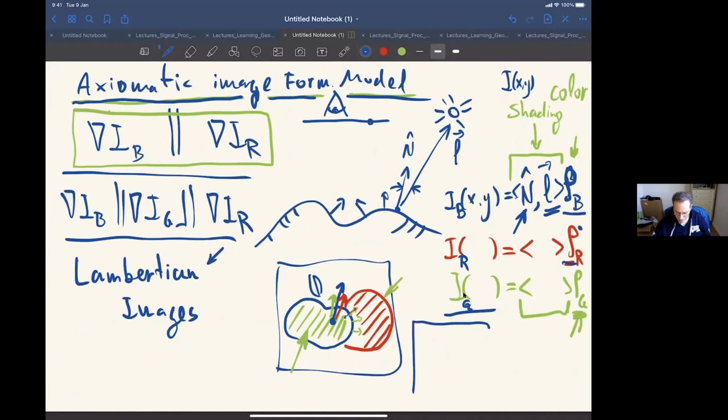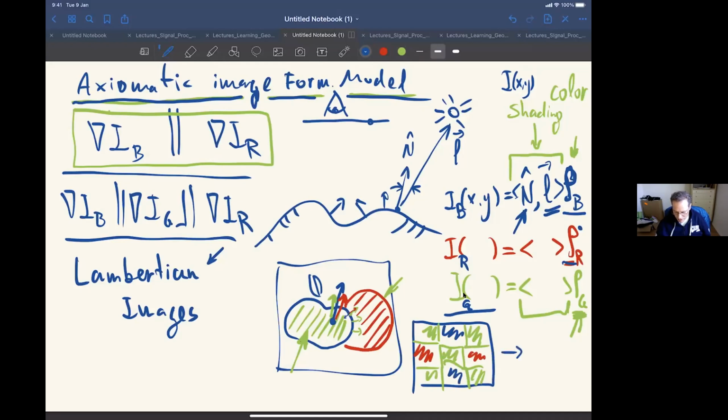If we zoom in into our sensor, it would look like that. Half the pixels, like a chessboard, would be sensitive to green. So these would be all the green sensors. A quarter of them would be red sensors, and another quarter would be blue sensors. And this is the image that is being acquired.